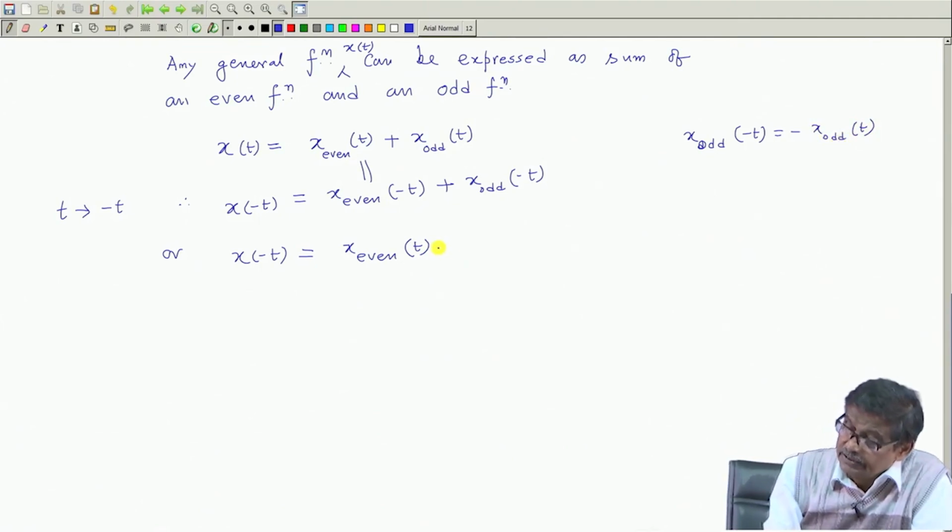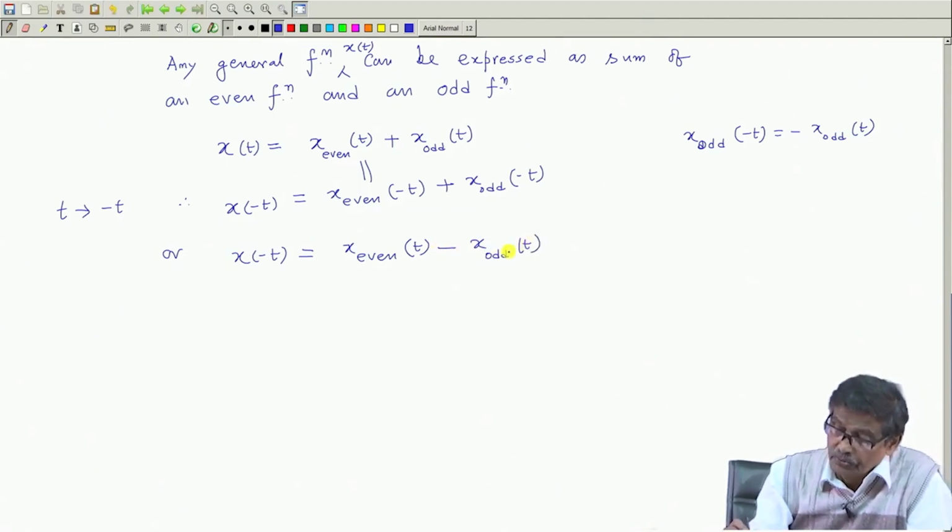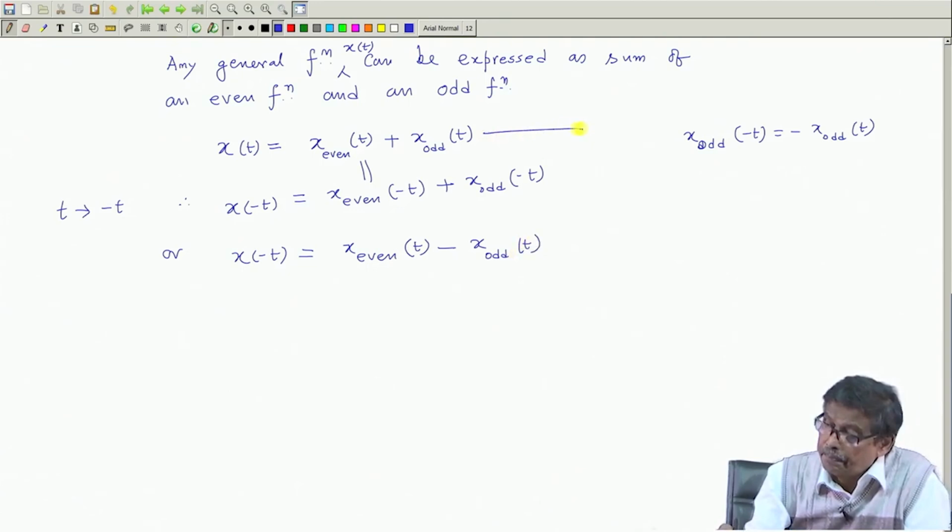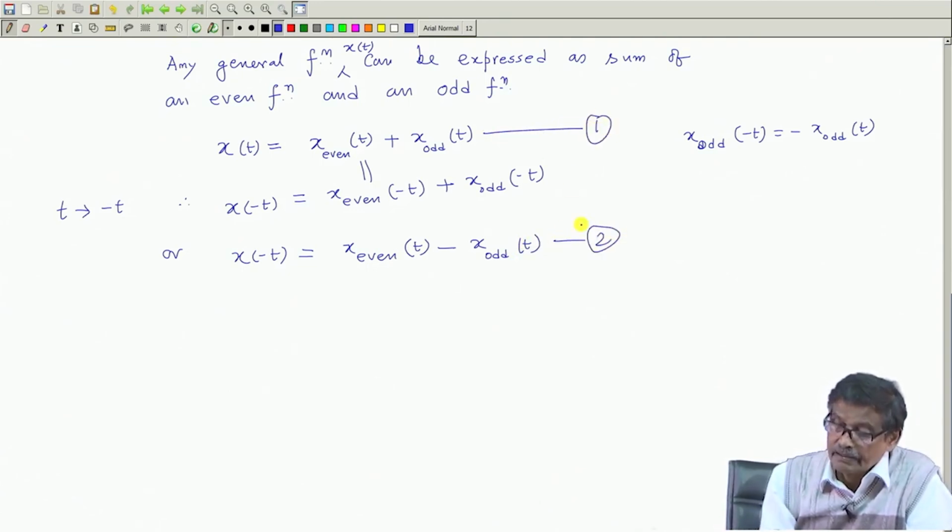So, we have got now these two equations, 1 and 2. x(t) is known, so x(-t) is also known.